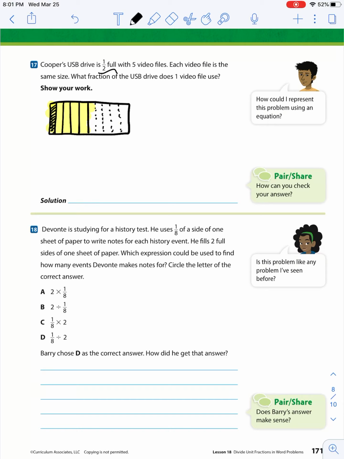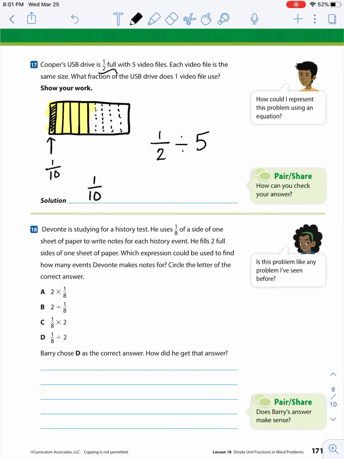This one right here would be 1/10 of the entire USB drive. So 1/2 cut up into 5 parts. The fraction of the USB drive that one video file uses is 1/10.